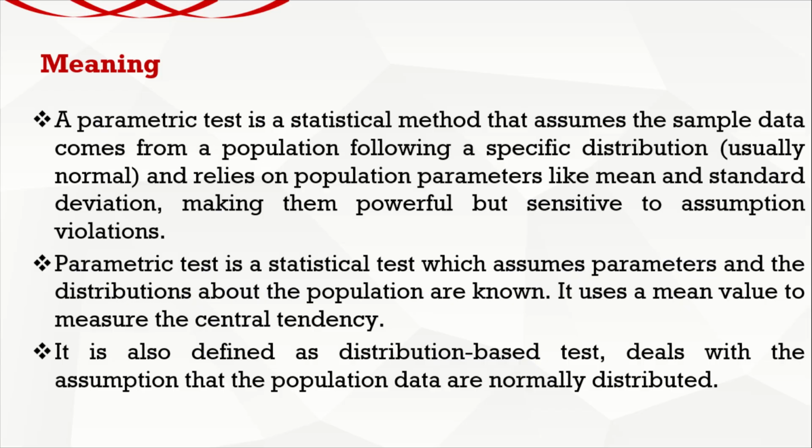Parametric test is a statistical test which assumes parameters and the distribution about population are known. It uses mean value to measure the central tendency. It is also defined as distribution-based test dealing with the assumption that population data are normally distributed.